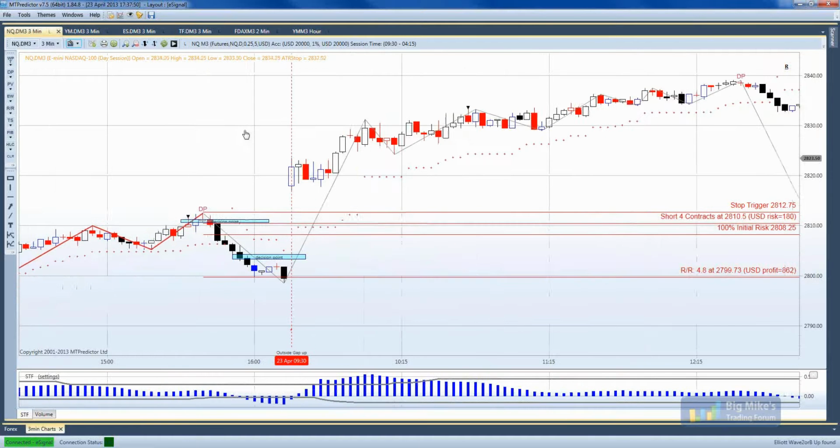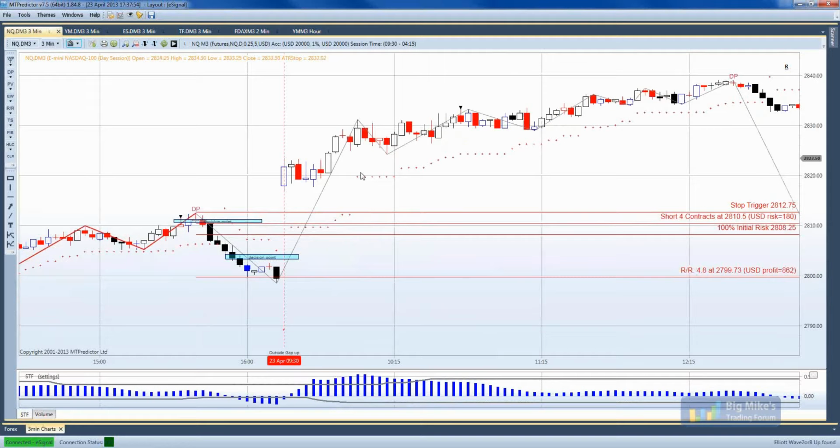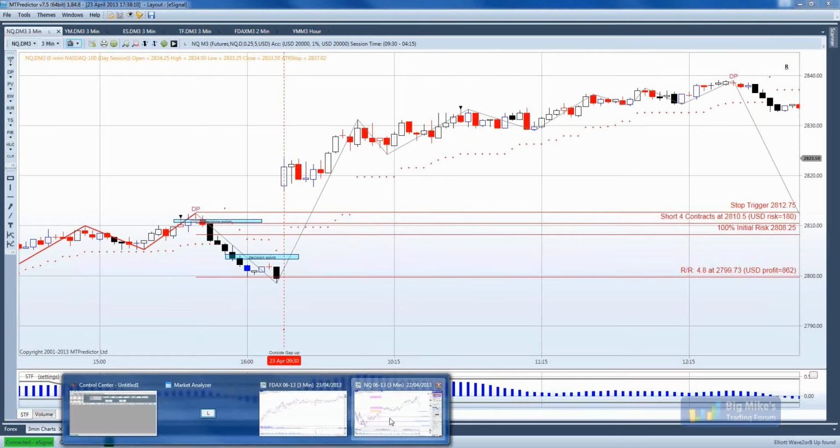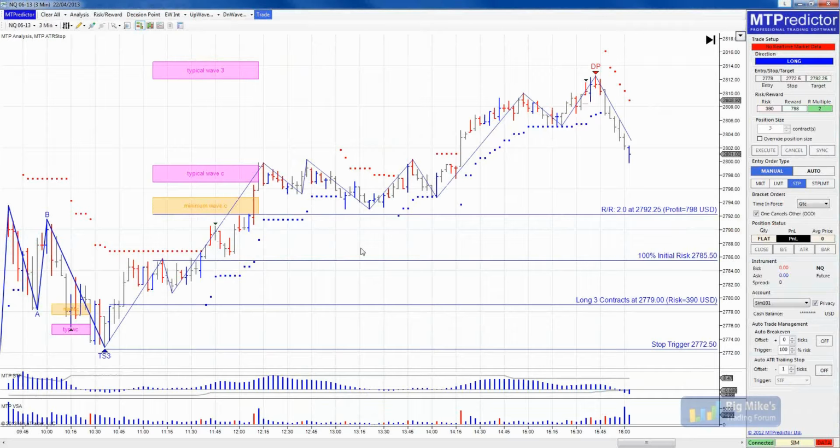In MTPredictor 7.5, our standalone version, we can only plot time-based charts at the moment. If you want to trade with different kinds of charts, for example range bars or tick bars or whatever you want to do, then I do suggest you use our NinjaTrader add-on, because NinjaTrader can plot any kind of chart you wish, and therefore you can place our analysis using the type of chart you're most comfortable with.